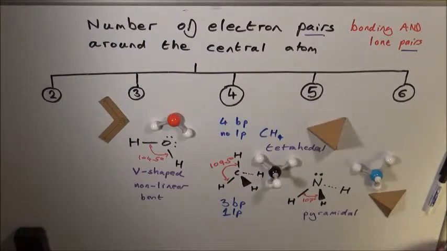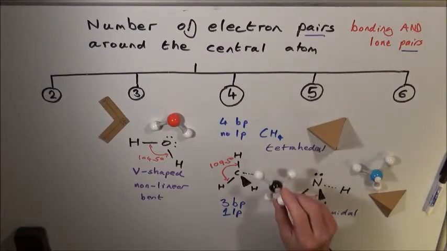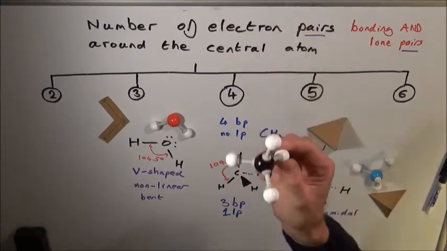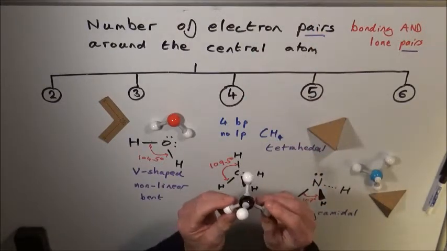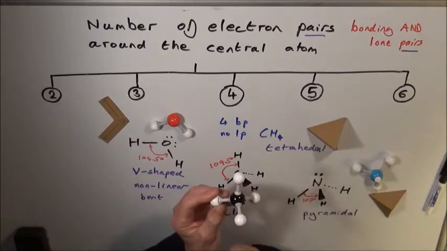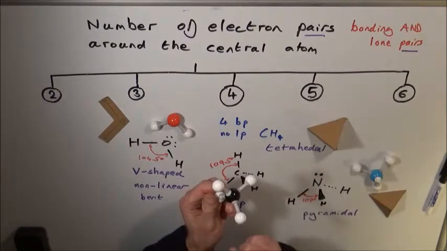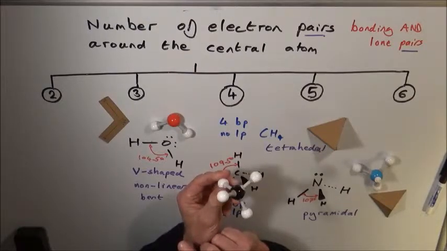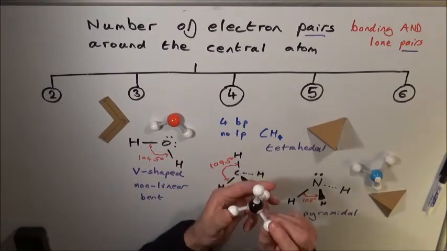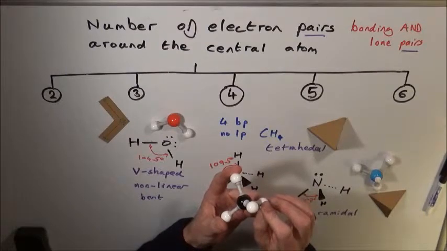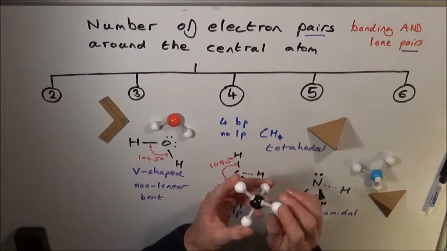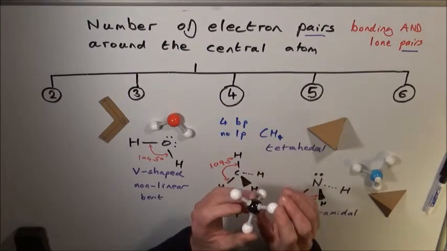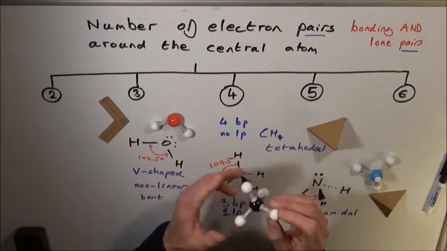If we start off with methane, what you've got to incorporate in your answer if asked to explain the shape of this one is to say that there are 4 electron pairs around the central atom, no lone pairs. You then say electron pairs repel, and in the tetrahedral shape that minimises electron pair repulsion. It allows the electron pairs to be as far away from each other as possible, minimising their repulsion.